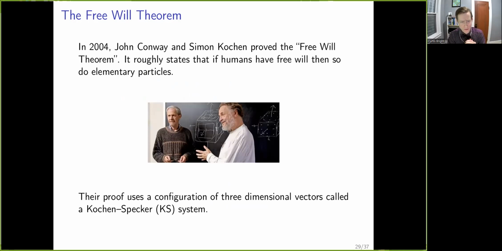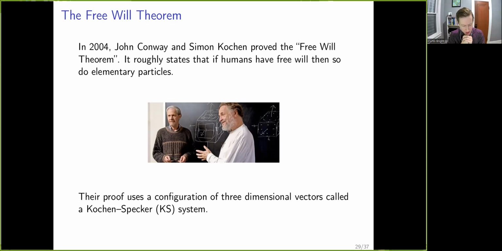It was by John Conway and Simon Kochen, Conway being a famous mathematician who did the Game of Life and studied the monster group. His fingerprints are all over so much cool stuff in math. Unfortunately, he also passed away at the beginning of the pandemic.